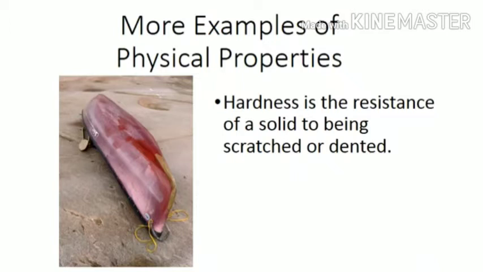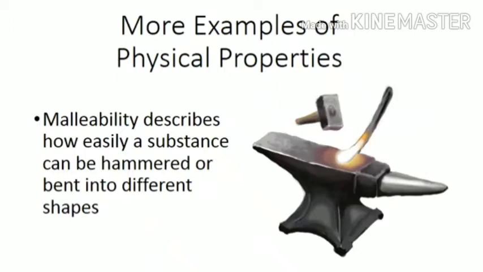Then we have malleability. Then we have ductility. Malleability, as you can see, describes how easily a substance can be hammered or bent into different shapes. This is also a kind of physical property, and we have discussed it in detail in metals and non-metals. Why they are malleable, why they are ductile, all this has been discussed.